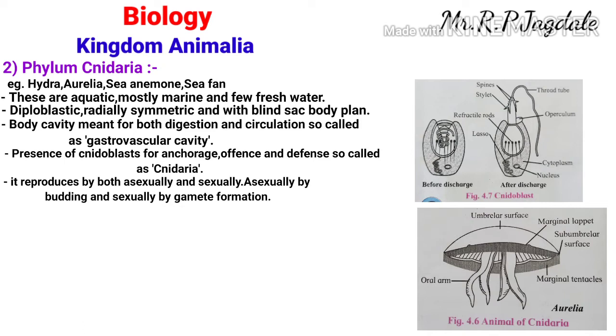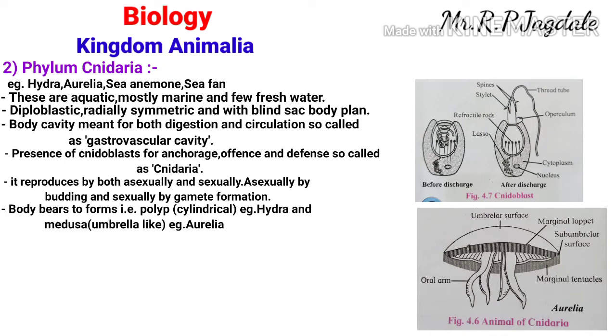Then the special characteristic feature of the Cnidarian animals is that the body bears two forms. In their life they have two life forms. One is the polyp and the second one is the medusa. These are the two body forms present in the Cnidarian families.